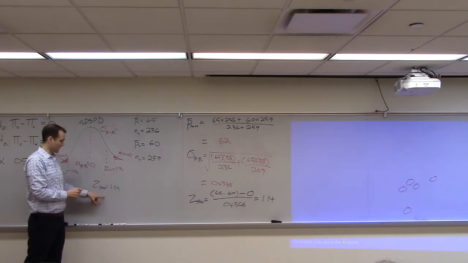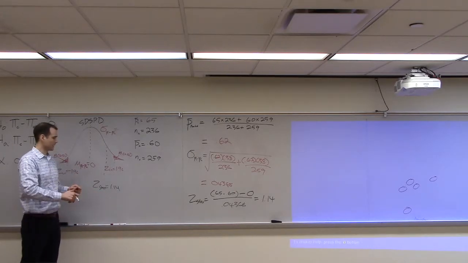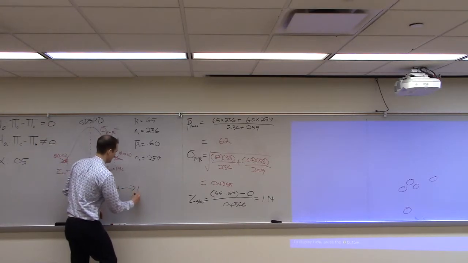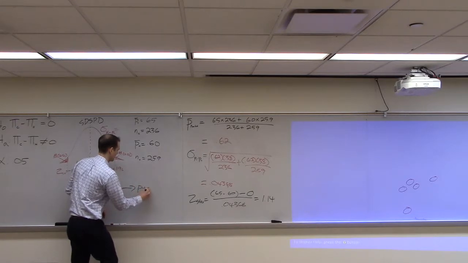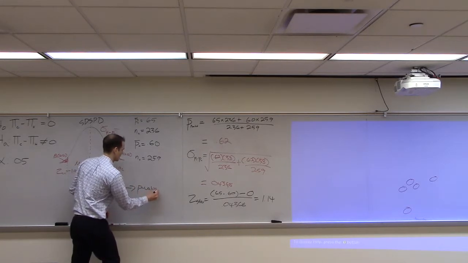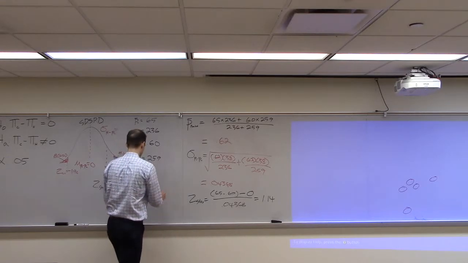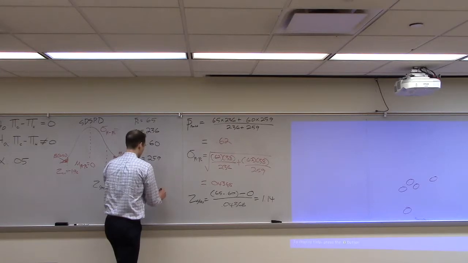What is the p-value for this z-stat? .8729. How much? Oh, never mind. .2542.